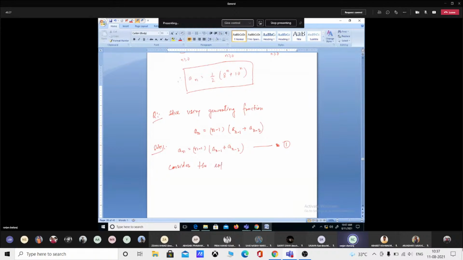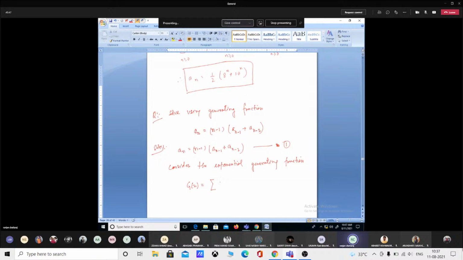the exponential generating function. So what is the exponential generating function? Can anyone tell me?